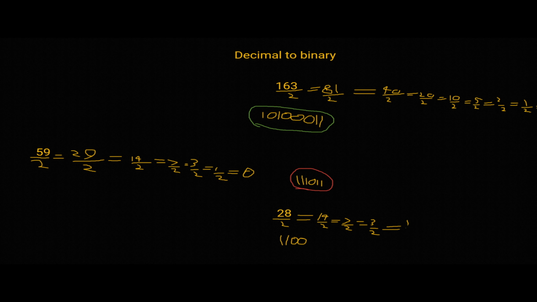Wasn't very clean. So 1 divided by 2 is 0.5, so we'll throw in a 1. And because that is a remainder in and of itself, we no longer have a non-zero quotient. And we are done. Our answer is 11100.